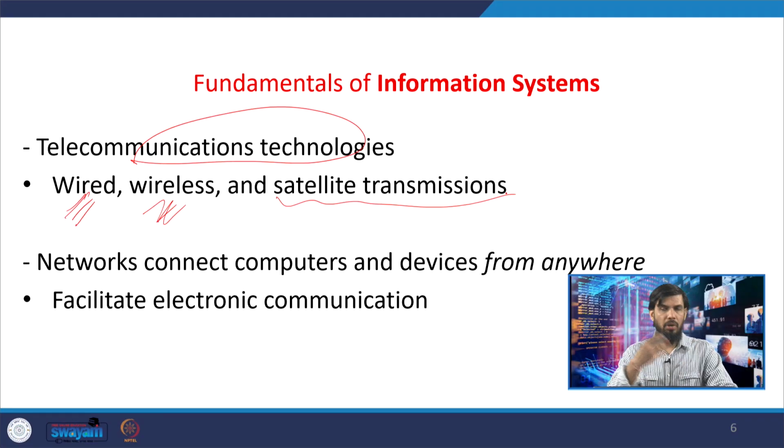So when we are making long distance calls, there might not be sufficient wired or wireless connectivity from end to end, and therefore in between the satellite transmission might also be needed, right. So the wired, wireless and satellite transmission complete the whole picture for one end user to connect, using their own computer, to a computer which might be located in another part of the world, right. So this telecommunication technology facilitates that networking through electronic transmission of signals.